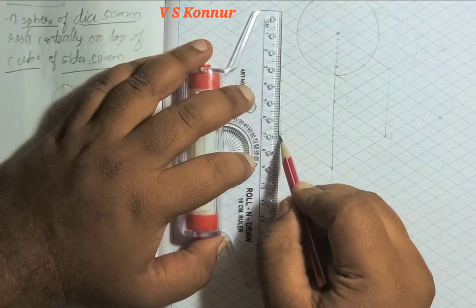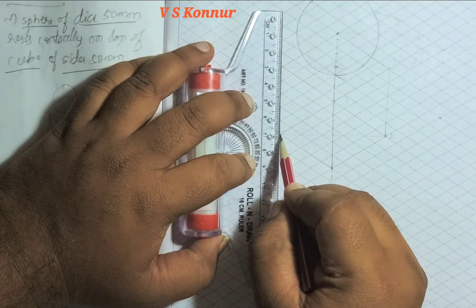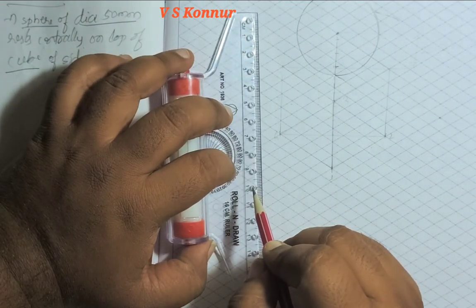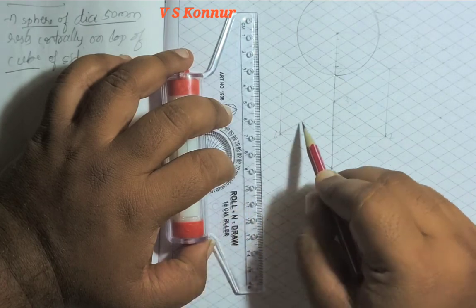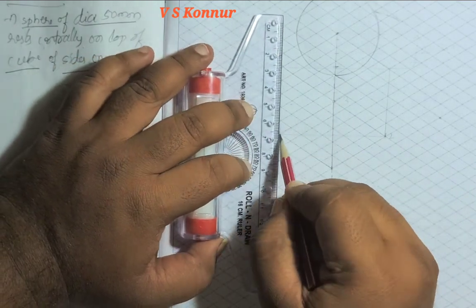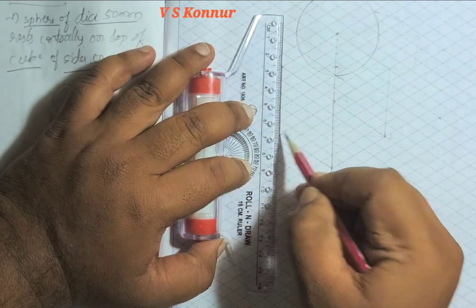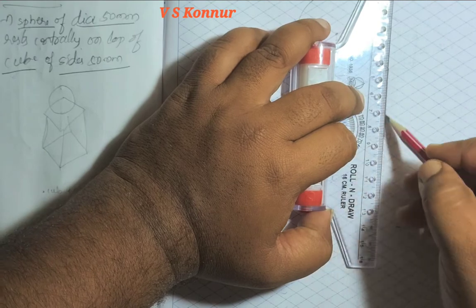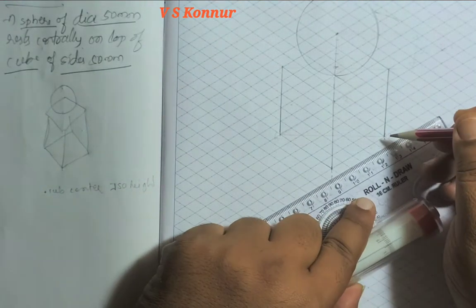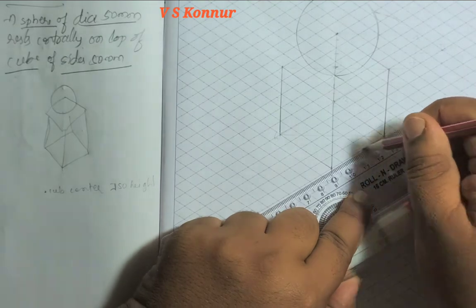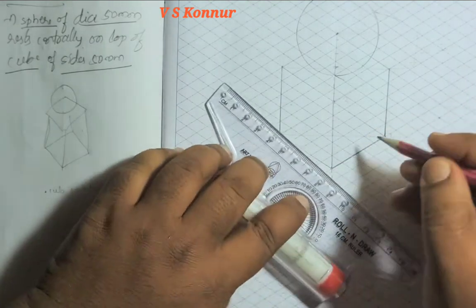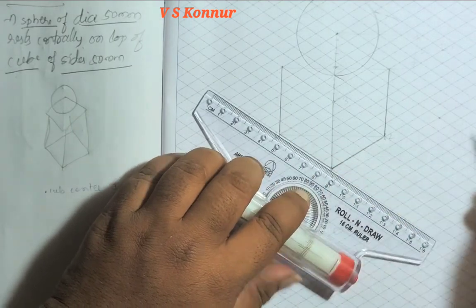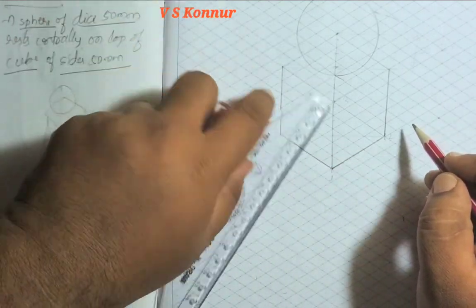Just see which are visible. So I am making the lines which are visible dark. Only which are visible.